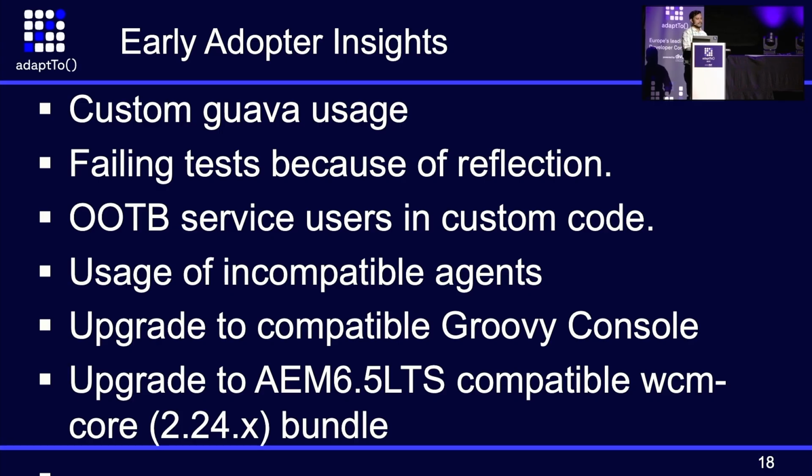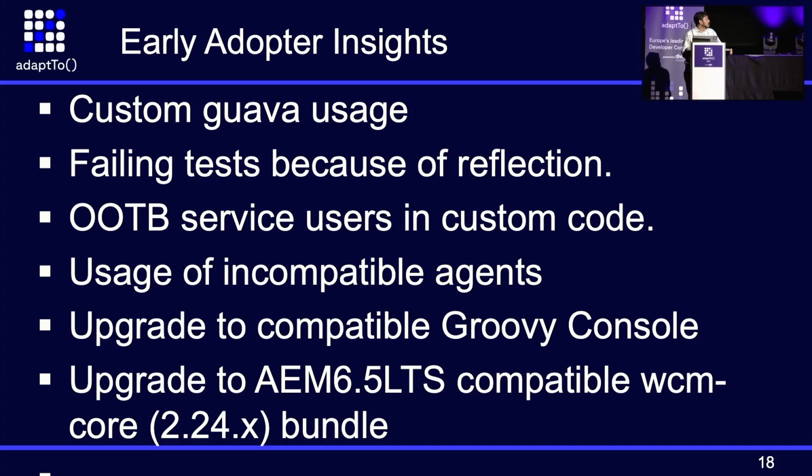A few tests started failing for a few customers because of the wrong usage of reflection. In Java 17 and 21, we can't change access modifiers, so make sure that you are not using reflection in your tests.